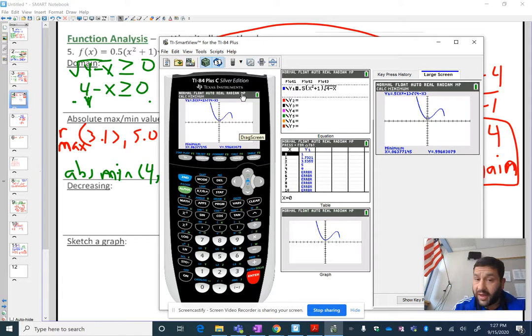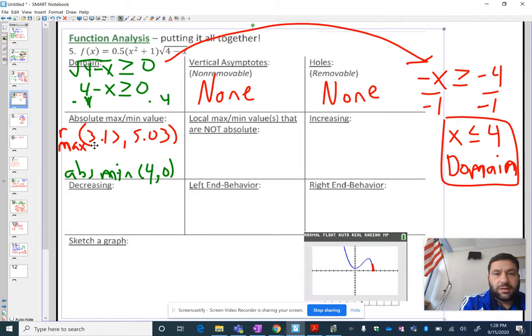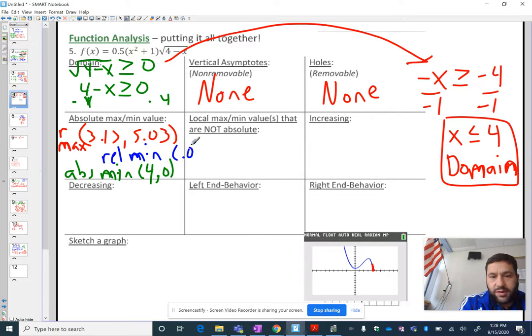And we see, if I had guessed, I would have been wrong. So we have a relative min at 0.06, 0.99. So again, relative min at 0.06, 0.99.